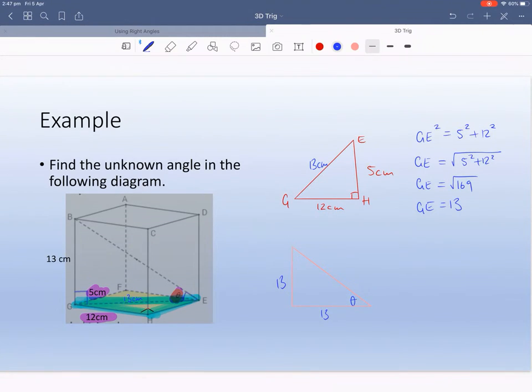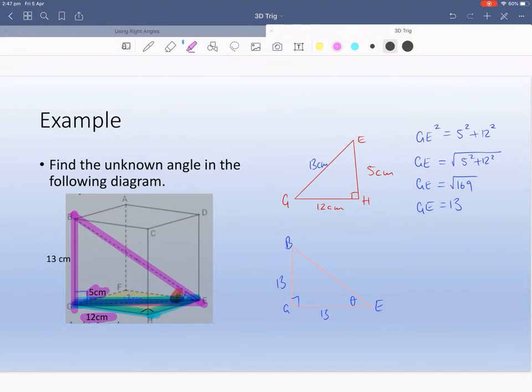Now let me label them. I've got G, and this is E, and this is B. So I'm going to highlight the triangle that I've just done. So I'm doing this one, and this one. Okay, and can you see that the lengths marry up?